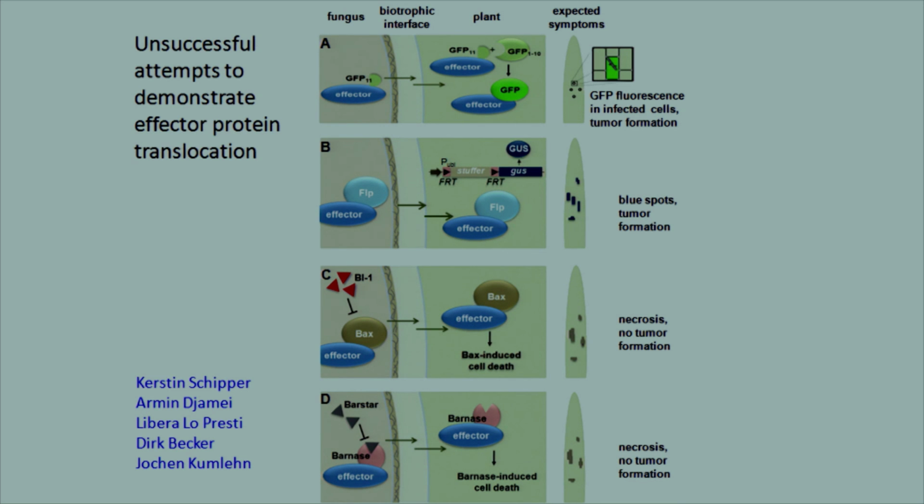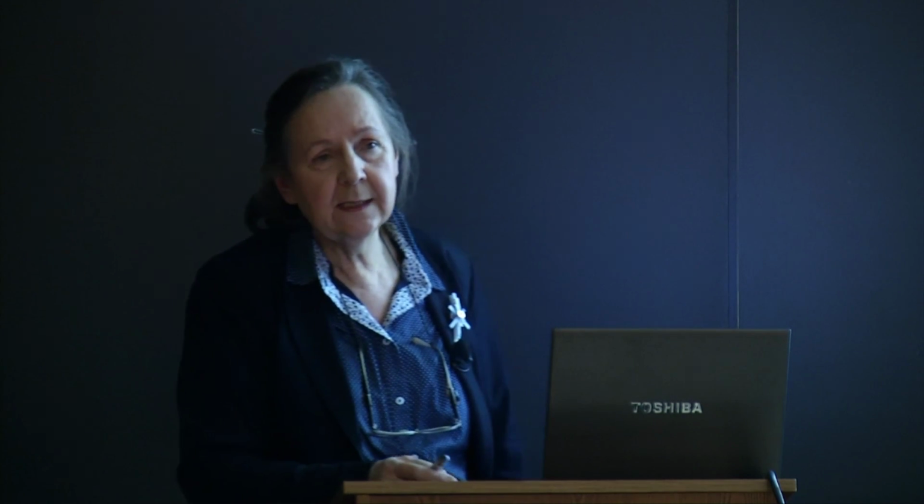None of this worked. Very disappointing. I'm happy to discuss why these assays may not have worked. Because now we think we have an assay which is working. And this assay is based on biotinylation.